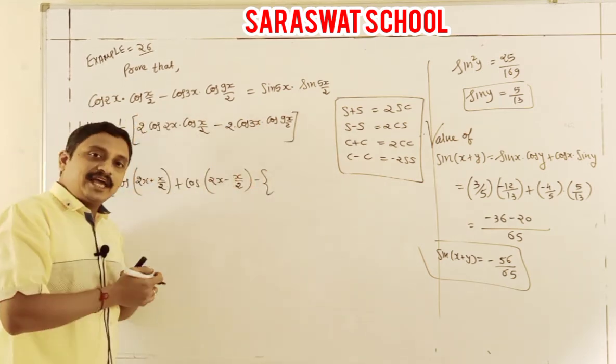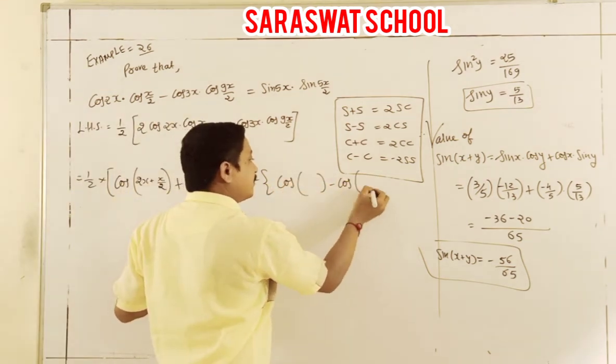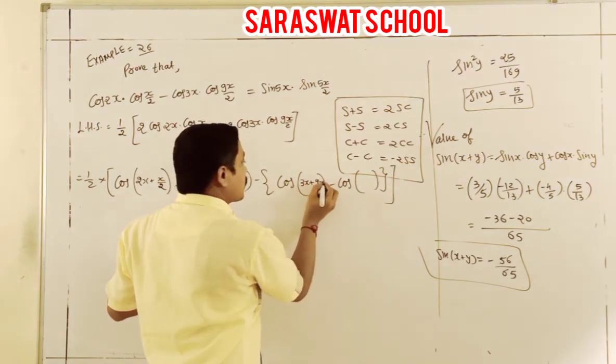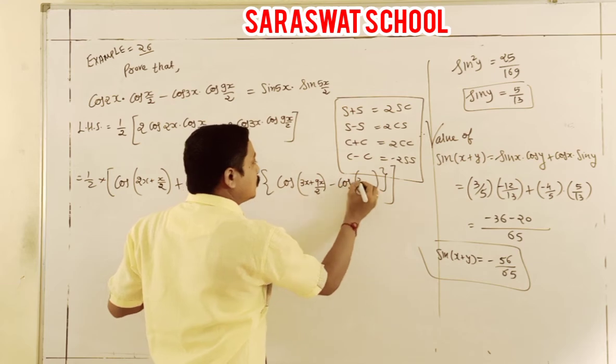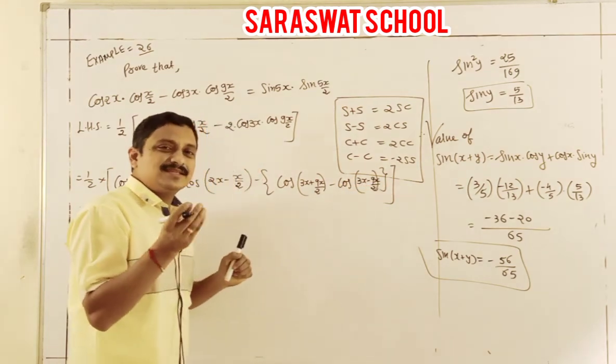Now 2cc again, C minus C. That way, again 3x plus 9x by 2 and 3x minus 9x by 2. Students, here is a very easy solution.